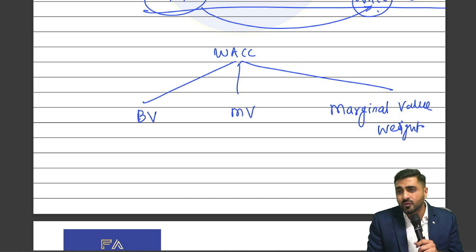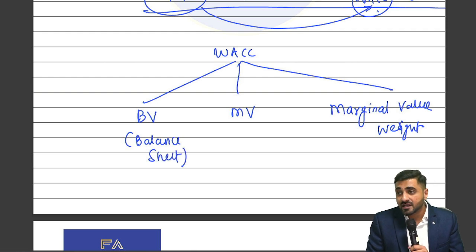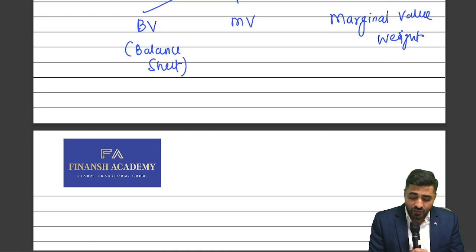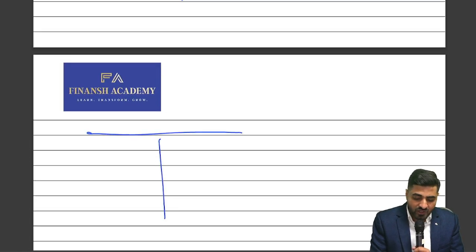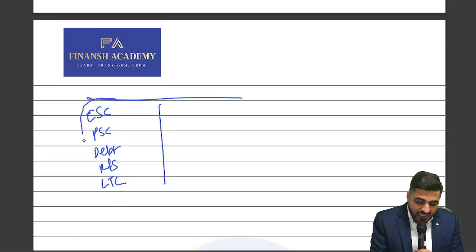What is book value weight? Book value weights are also known as balance sheet value weights. I have to take the figures directly from the balance sheet. I'll have equity shares, preference shares, debentures, reserves and surplus, long-term loans. Will I take each and every source?